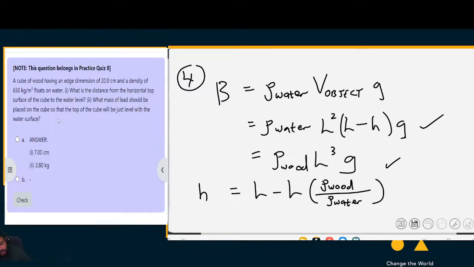So this is the formula you have. You equate this one to that one, and then you make h the subject of the formula. Simple math. And you can then further simplify this by taking L outside. You're left with 1 minus density of wood over density of water.